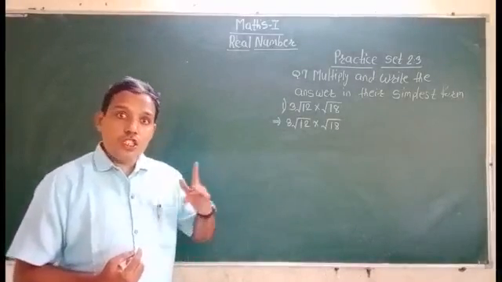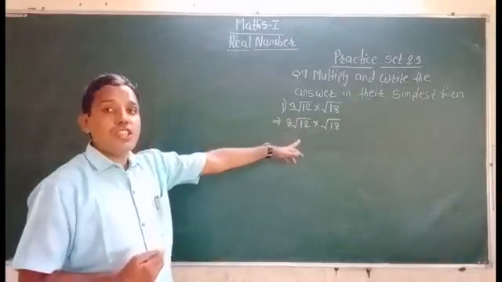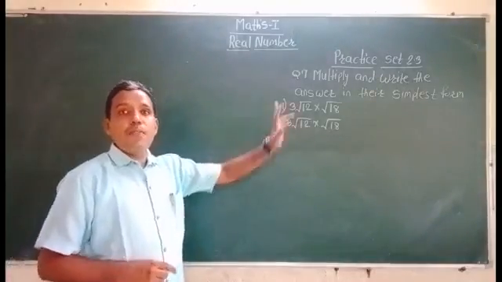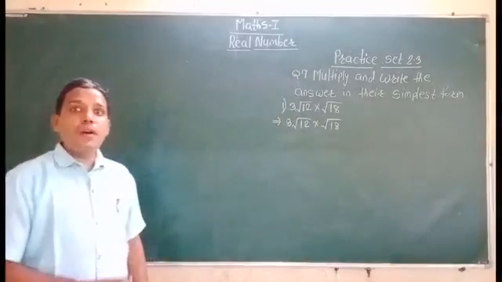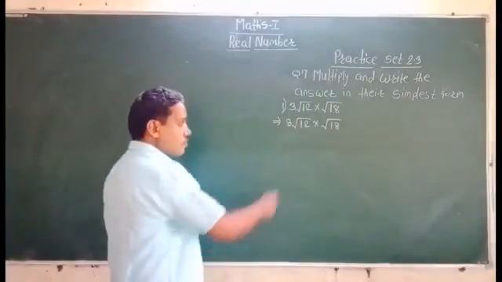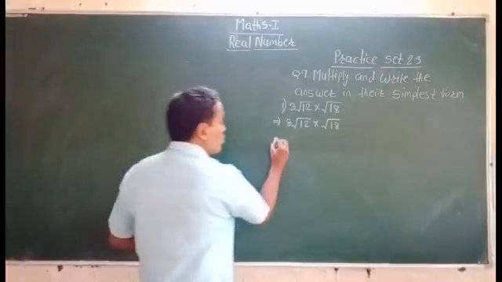If it is not possible, you never get the simplest form in that manner. But here, when 12 is simplified, we get one number that is a perfect square number.